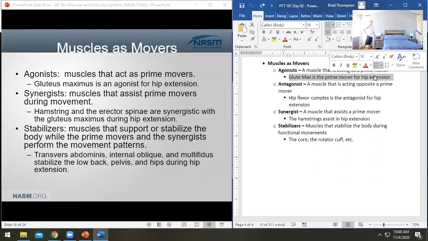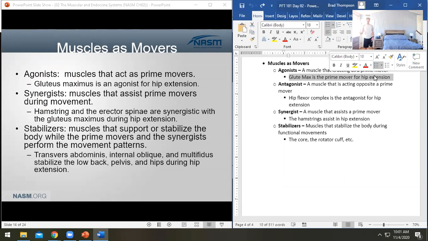Well, the opposite muscle is the antagonist. So that's my agonist, the prime mover. My antagonist is my hip flexor. So my hip flexor complex does this. So when I'm talking about hip extension, I would say my gluteus maximus is the agonist, and I would say my hip flexors are the antagonists because they do the exact opposite.